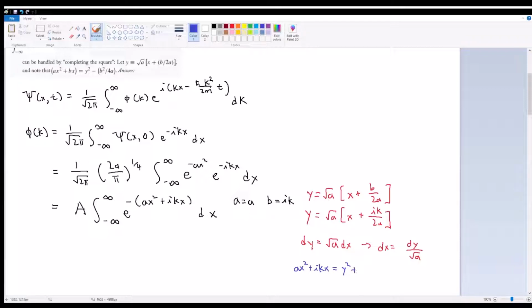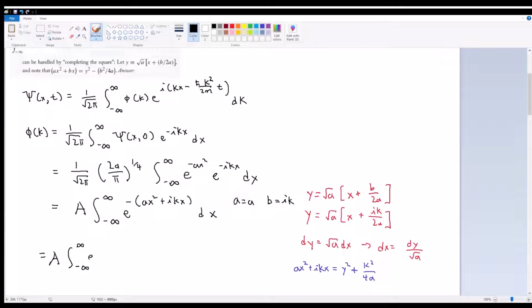So this negative changes to a positive, plus k squared over 4a. If we rewrite everything, this is going to equal the same constant a at the front, which I don't want to rewrite, multiplied by the integral from negative infinity to positive infinity. Because everything else here is a constant, if x goes to infinity, y also goes to infinity, and if x goes to negative infinity, y also goes to negative infinity. We don't have to worry about changing our bounds, luckily.